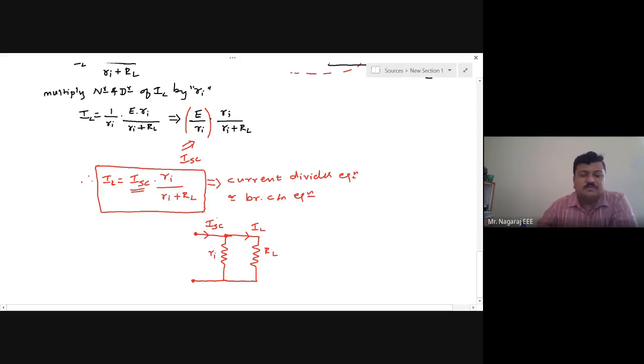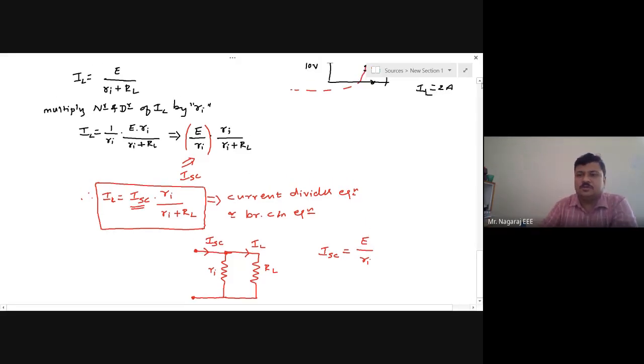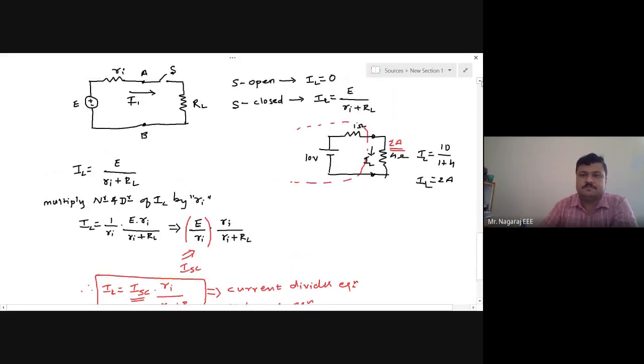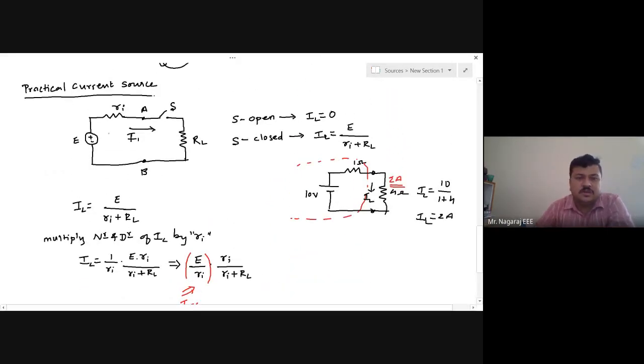Now, what is ISC? It is the main current as per this equation. But physically, what is ISC? ISC is E divided by Ri. Now, if I go back to this voltage source, I know that this EMF value is constant and this internal resistance is also constant once a voltage source is fabricated.